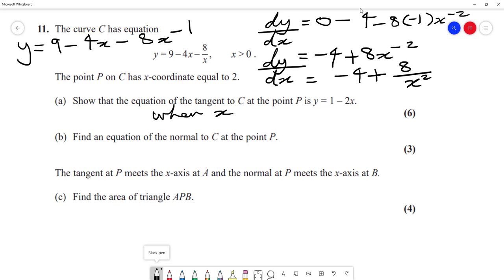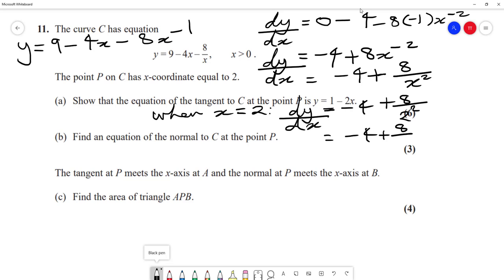Now we can say when x equals 2, dy by dx will be minus 4 plus 8 over 2 squared, which is minus 4 plus 8 over 4. So I'll get minus 4, well, 8 divided by 4 is simply 2. So the gradient of the tangent at the point when x equals 2 will be equal to minus 2.